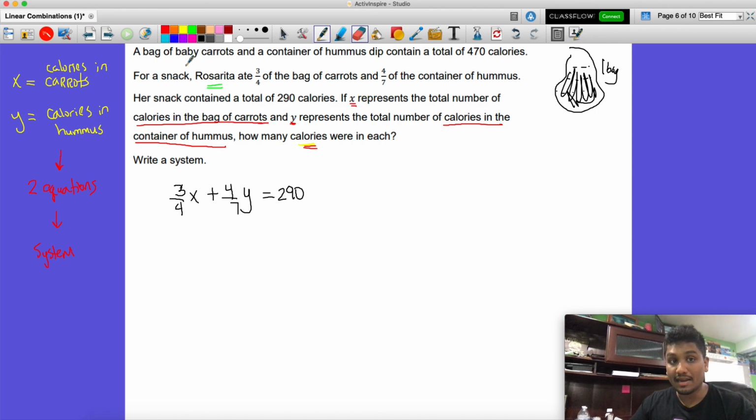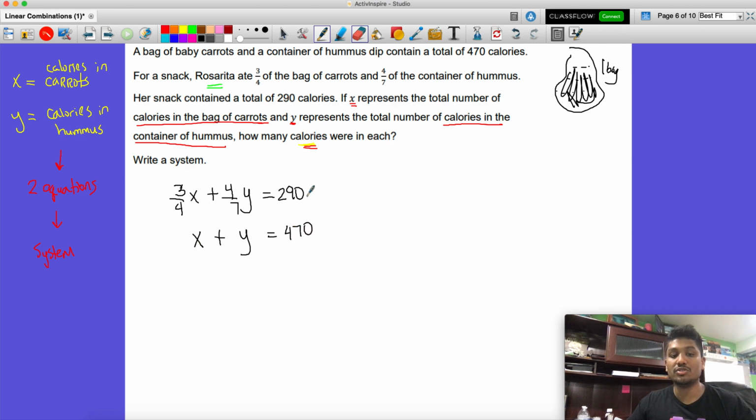It says a bag of baby carrots and a container of hummus contain 470 calories. Obviously her calories would be lower because she didn't eat the whole bag. So one whole bag and one whole container of hummus altogether is 470 calories.